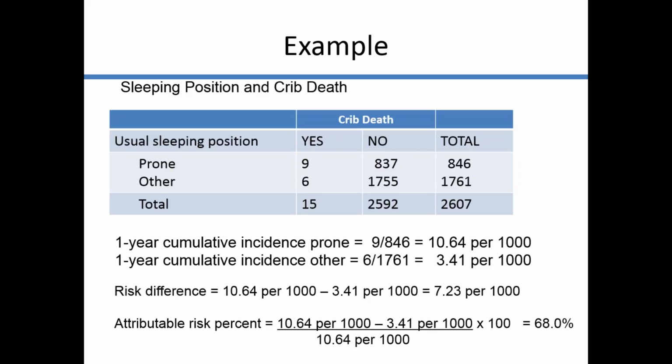It means 2/3 of the crib deaths in babies who sleep prone are due to sleeping prone. And 1/3 of the crib deaths in those who sleep prone is due to background risk of crib death. Next slide, please.